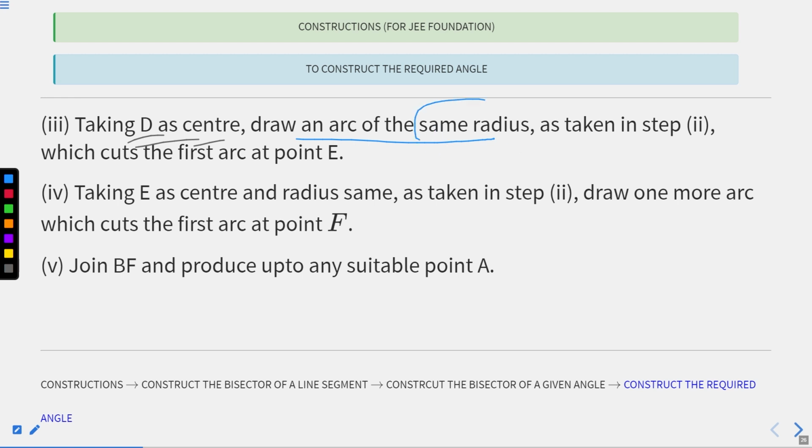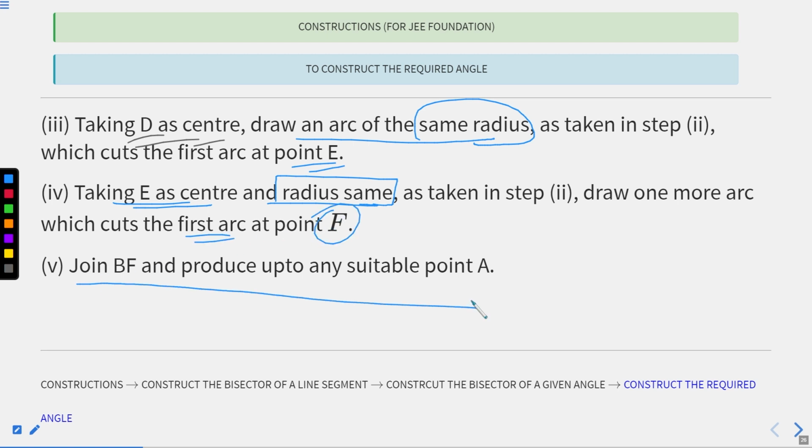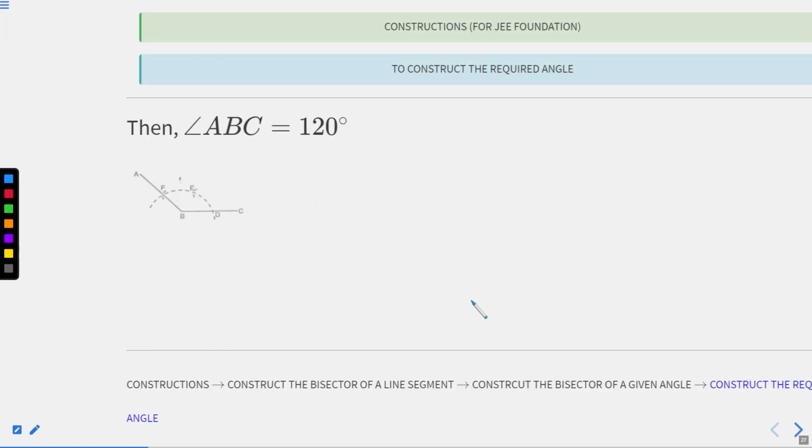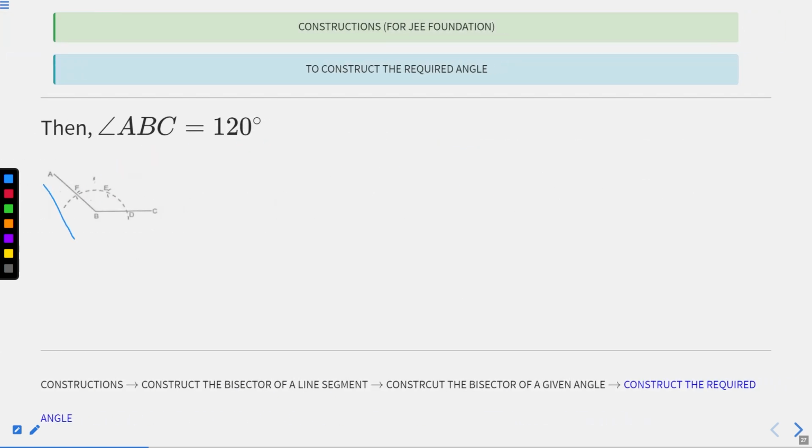Keep remembering this, which cuts at E, and taking E as our center with the same radius. Please do remember this, the radius remains the same. Making another cut at the first arc at point F, and joining BF will give us AB. Okay, and this is the summary. I hope it is clear.